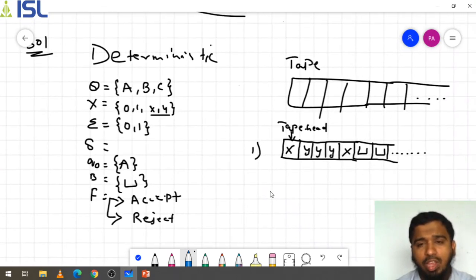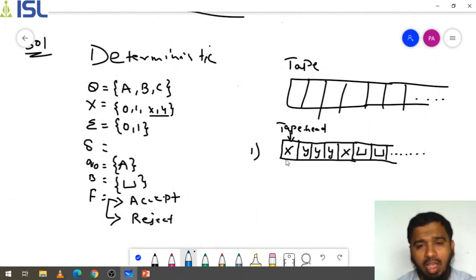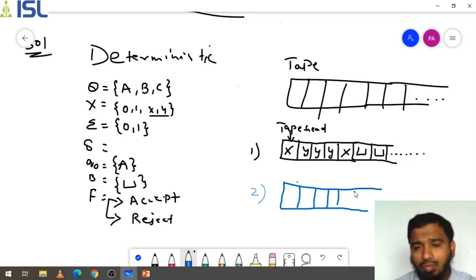In the first step, we have the head on the X. That means whenever I have a 0, if I get the 0, then I can reach the next state. In the second step, the tape will be like this: 1, 2, 3, 4, 5, 6 and so on.